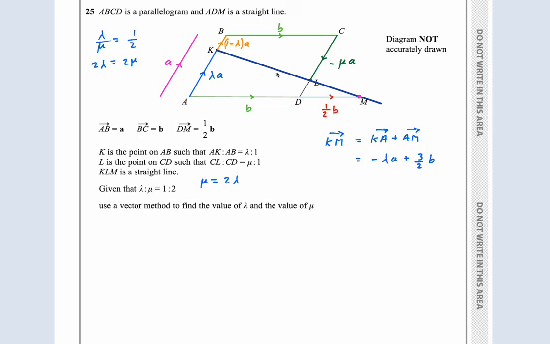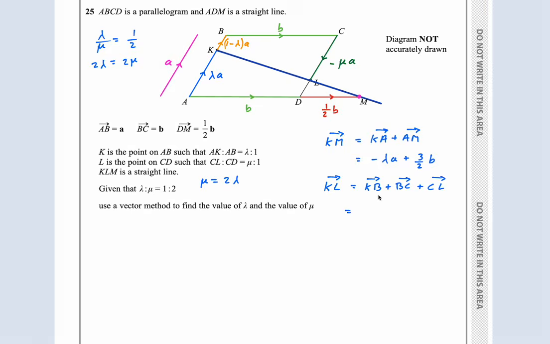Now I'm going to do K to L. Guys, you could have done L to M, but it would have required me getting this vector here, so let's just stick with K to L, seeing as I have all these drawn. So K to L, I'm going to do KB plus BC plus CL.